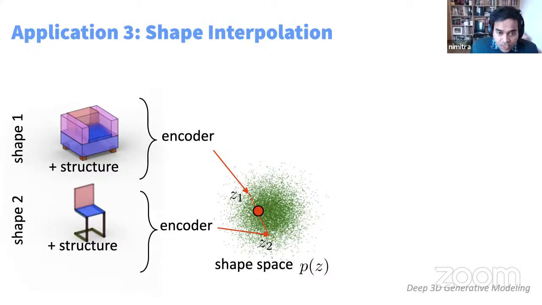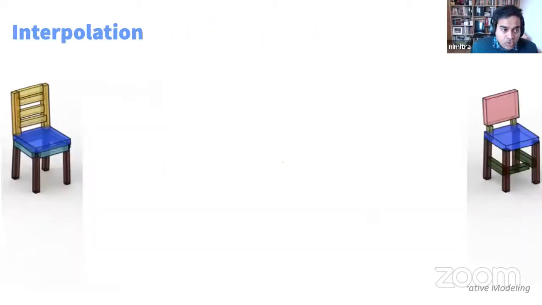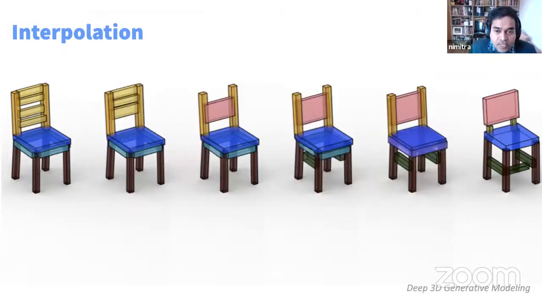An interesting application, because it enables a combination of the geometry along with the topology, is that we can now interpolate in the latent space and decode, which is a common application in a VAE space. But this allows us to semantically interpolate between chairs. Notice how the number of parts changes over the interpolation when we go from the left one to the right one.